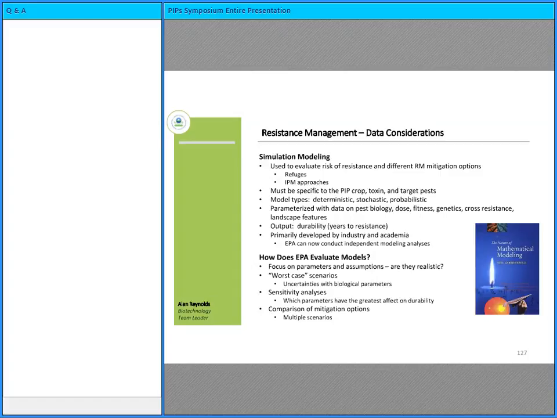We want to know which parameters have the greatest effect on durability. Is that going to be something like fitness or dose, resistance allele frequency, what it is. It's very helpful to get a feel for what's driving the risk. And then, as I mentioned previously, we use these simulation models to evaluate different potential mitigation options. And that's actually a good segue for the next slide.